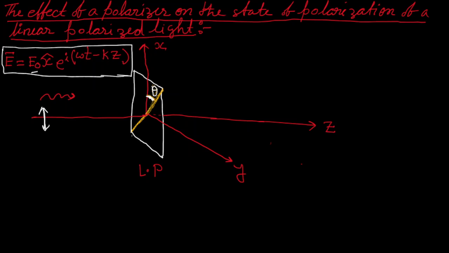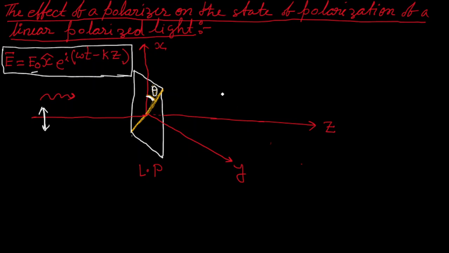Now if we want to take the component of this field parallel to the optical axis, that component will be E0 cos theta. According to the property of linearly polarized light, only this parallel component passes through the polarizer, and the component perpendicular to the optical axis is absorbed by the polarizer. So after passing through the polarizer, the electric field is no longer parallel to the x-axis.